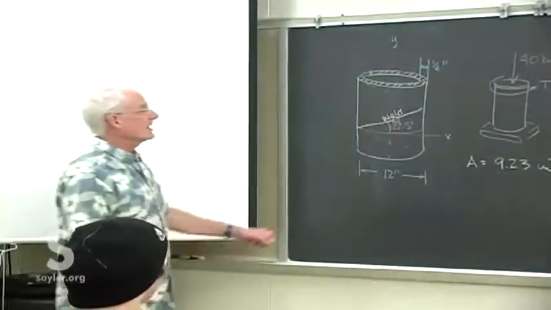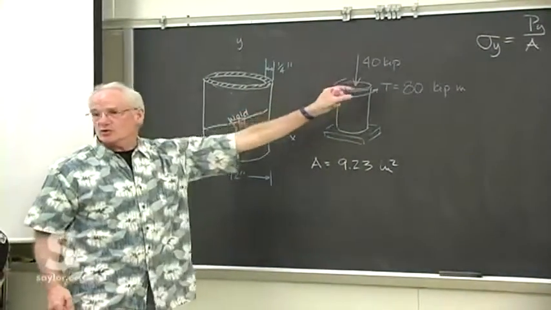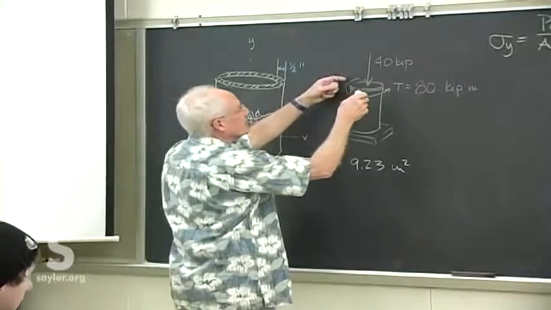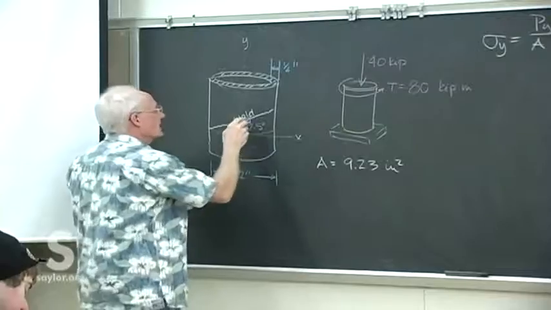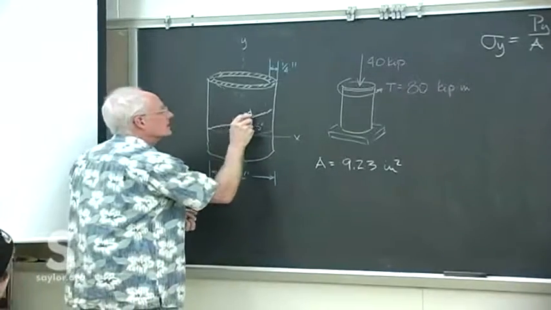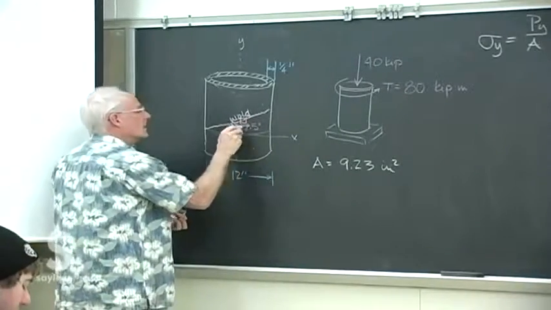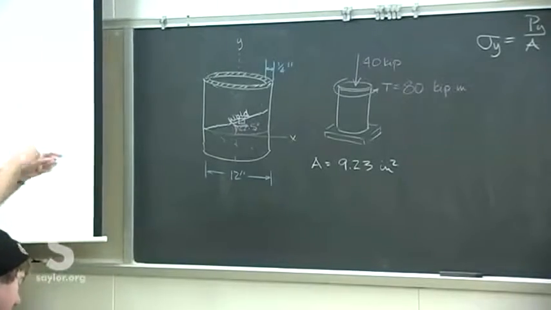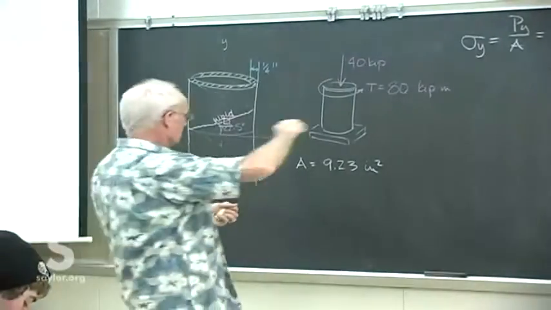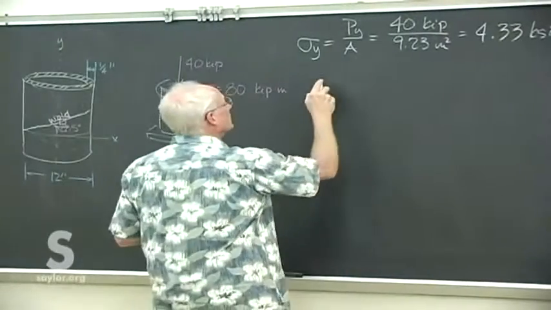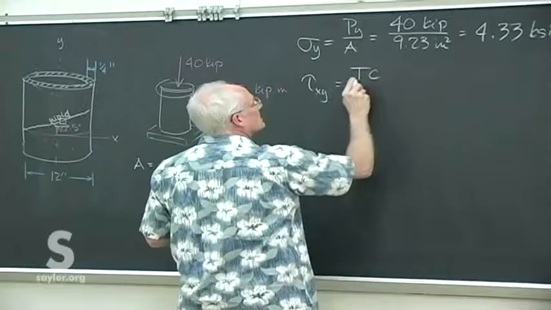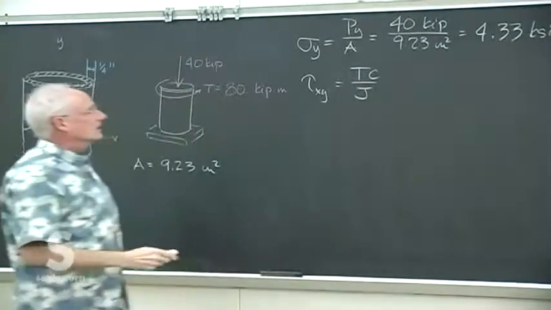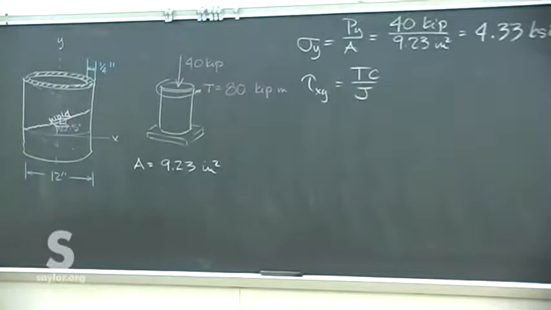Now there's a shear stress due to this torsional load. Whatever this load is trying to twist the piece that way, that's going to tend to make our little elemental solid cant to the right, I guess, if you will. And we know how to figure out what that is. That's tau equals Tc over J, where J is the polar moment of inertia.